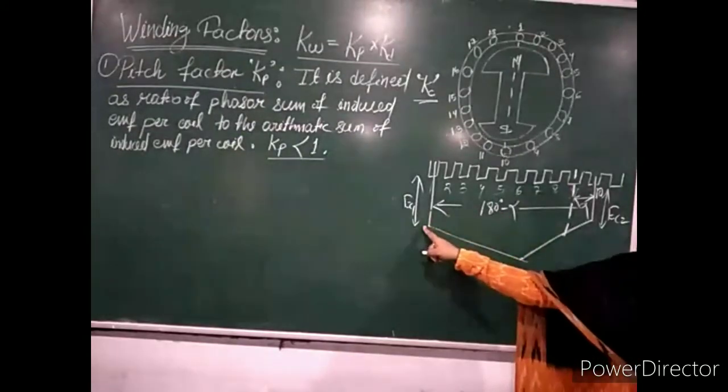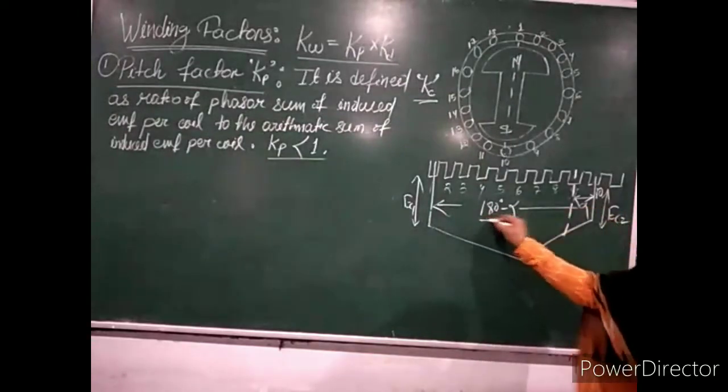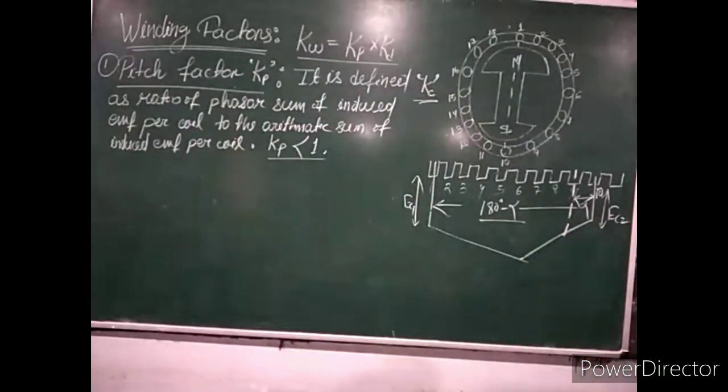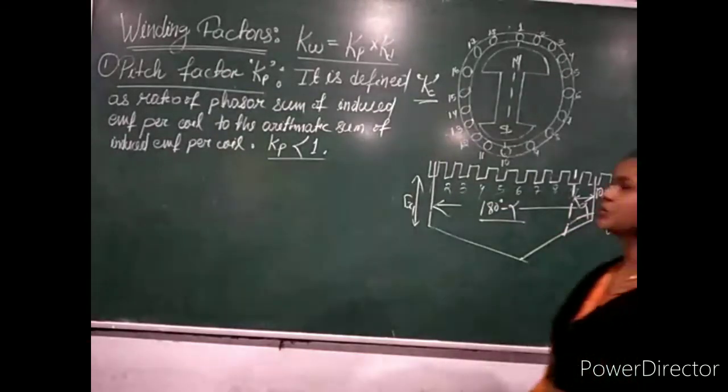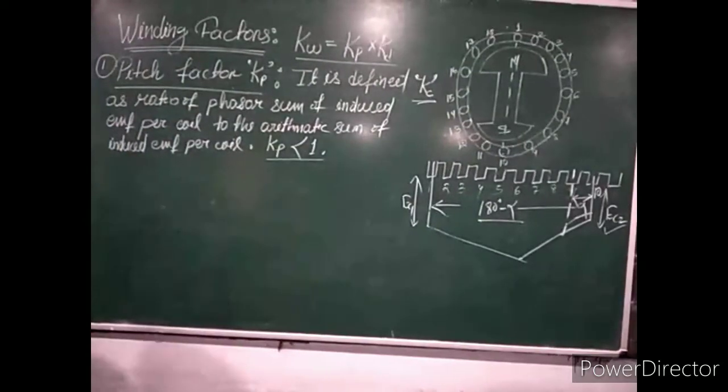The EMF induced in coil side 1 and coil side 2 differ by an angle of 180 degree minus alpha. So how much angle is EC2? It differs by this alpha angle. So how do you draw this diagram? How do you represent that in phasor form to get the resultant EMF?